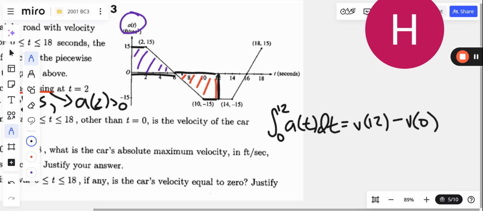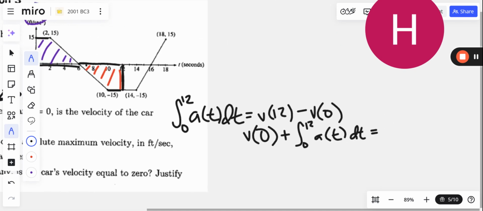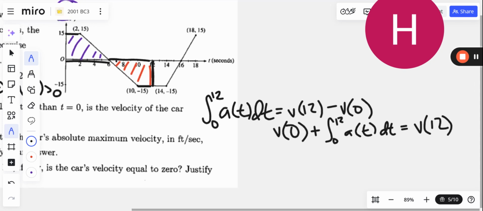So therefore, v of 0 plus the integral from 0 to 12 of the acceleration, which basically means the starting velocity at 0 plus the change in the velocity from 0 to 12, is going to result in the velocity at 12. Kind of makes perfect sense there.